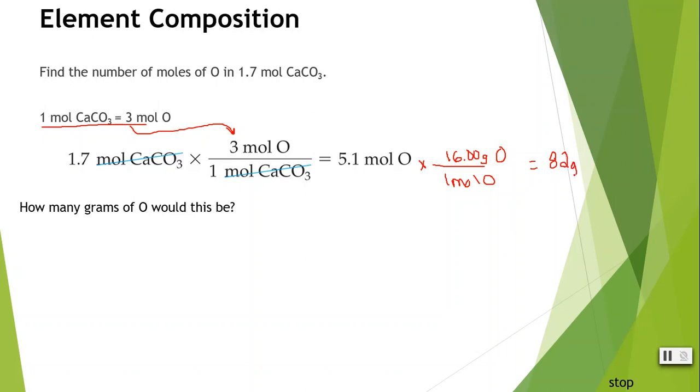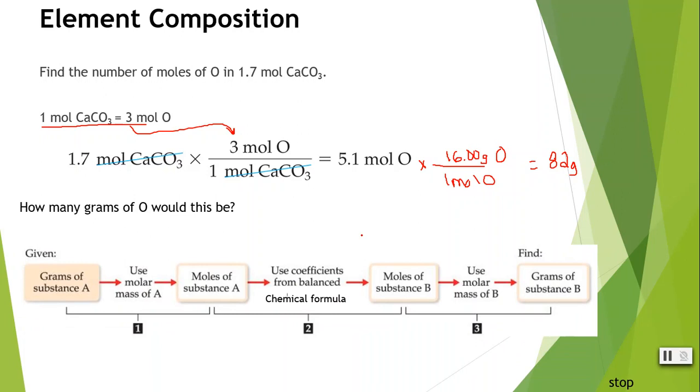So that's how we can use subscripts in a balanced chemical formula to say something about the elemental composition of a molecule. This process that we just talked about, and we're going to do some more examples in the next video, makes use of coefficients from the balanced chemical formula, always from moles of substance to moles of what you're looking for.